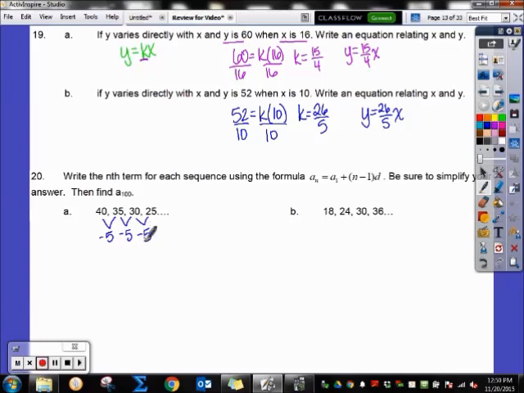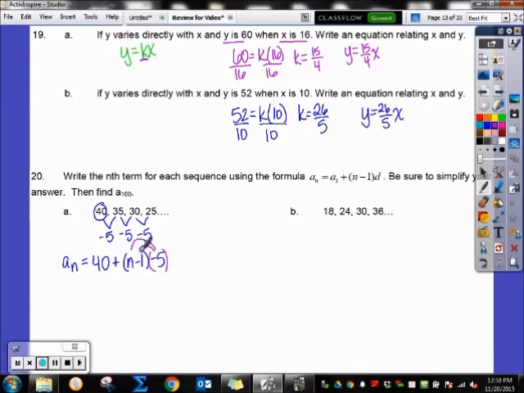So when I start to plug in to find the nth term, a sub n equals, now a sub 1 is our first term, so that's going to be 40, then plus n minus 1 times d, which is negative 5. You have to be careful here because I'm going to put in parentheses, I'm going to have to distribute that negative 5.